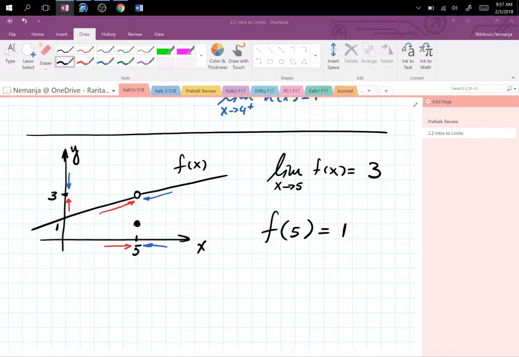Now, if you go with the precalc and say, okay, what's happening at 5.1, what's happening at 5.2, right? You will quickly see that there was something odd. If you compute a whole bunch of points before and after 5, precalculus would give you some kind of a picture that would look like this, and then one point here.